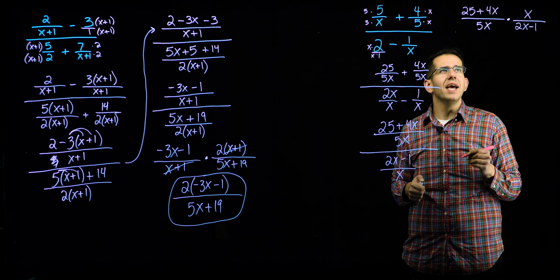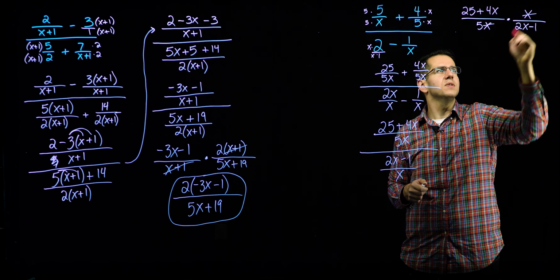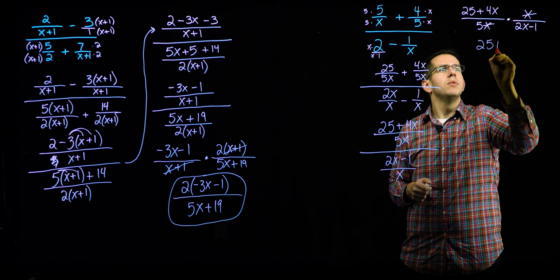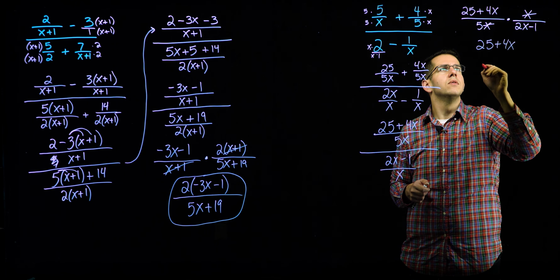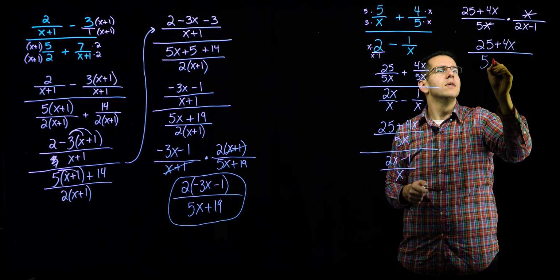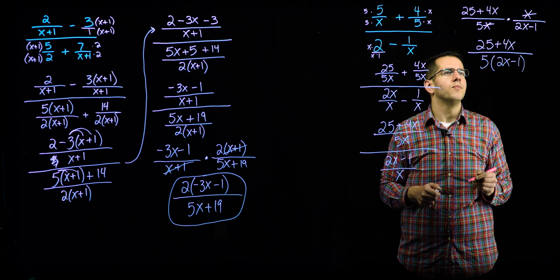And now, again, we have a common factor that'll cancel out these x's, leaving us with 25 plus 4x over 5 times 2x minus 1.